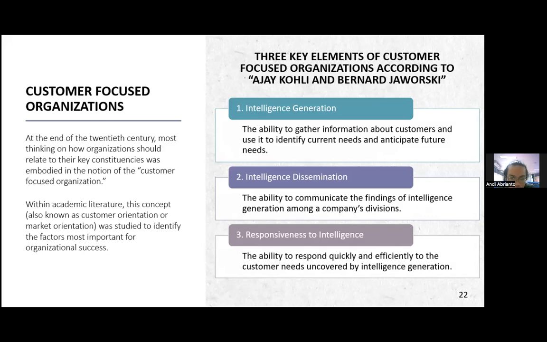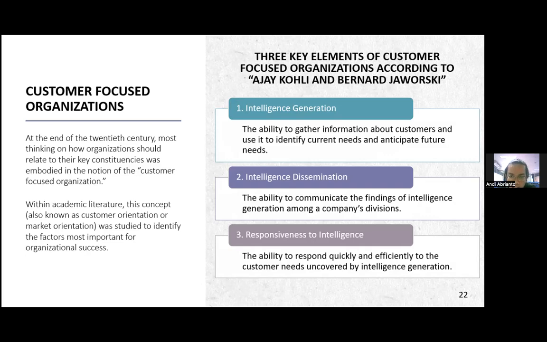Ajay Kohli and Bernard Jaworski identify three key elements of a customer-focused organization. First is intelligence generation, the ability to gather information about customers and use it to identify current needs and anticipate future needs.